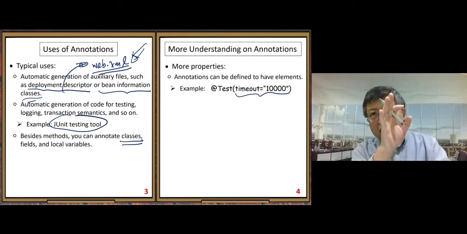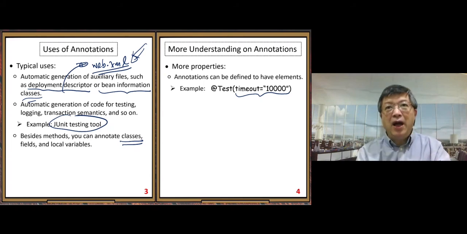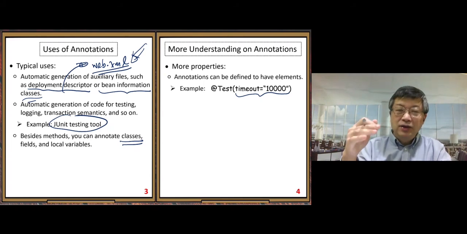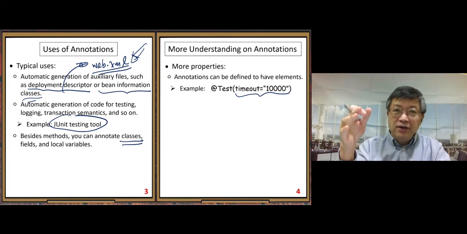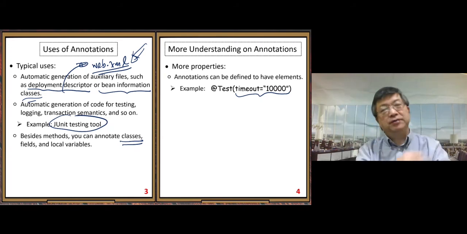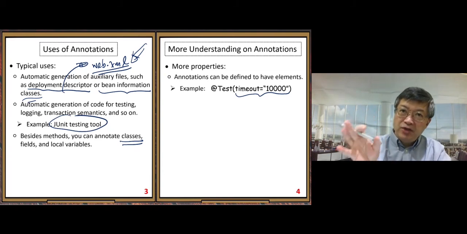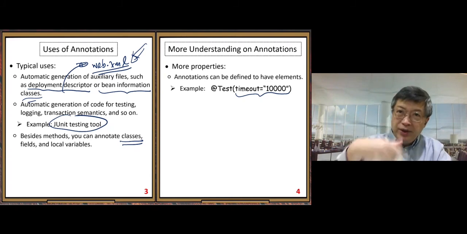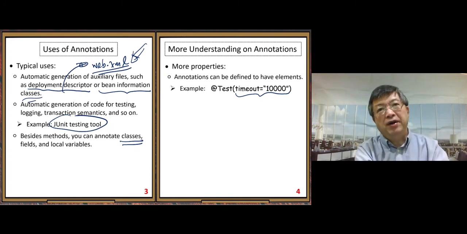So for each annotation, you can add a lot of information like that. Here, timeout, that's the attribute name. 10,000, that's the attribute value. Then the processing tool will use this piece of information to generate some special configuration file.